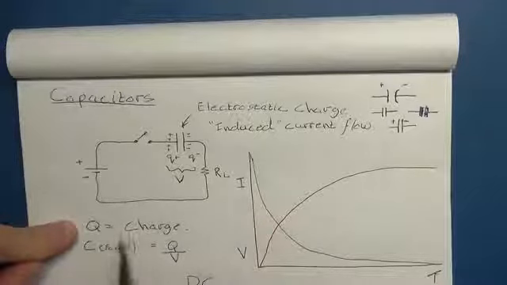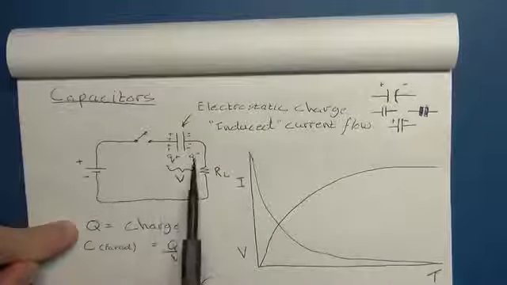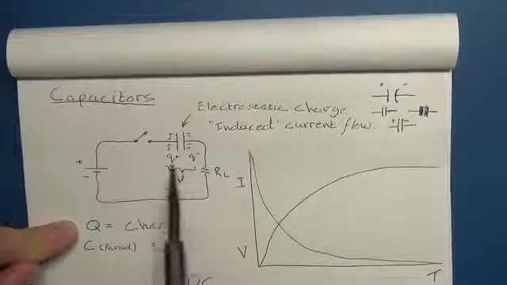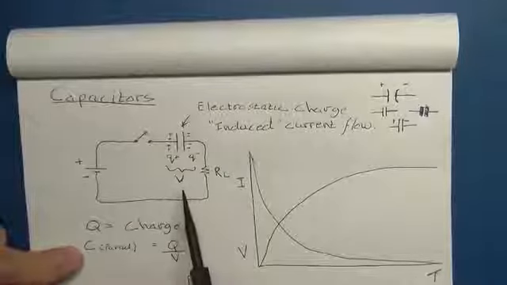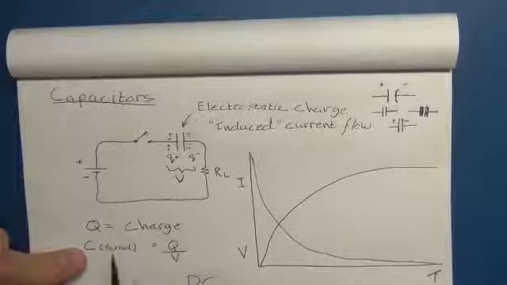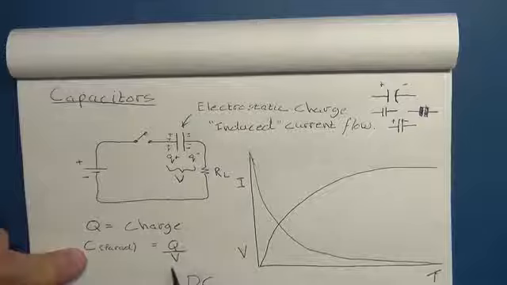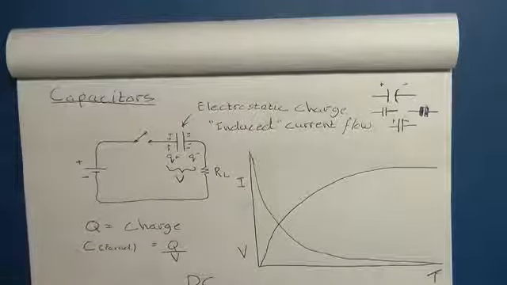But in terms of a very basic equation to understand: here I've got positive Q and negative Q, which represents a charge, and then the voltage across the plates of the capacitor. Capacitance, which is measured in farads, is Q, the charge, divided by the voltage. Right, so let's go and have a look at that analogy.